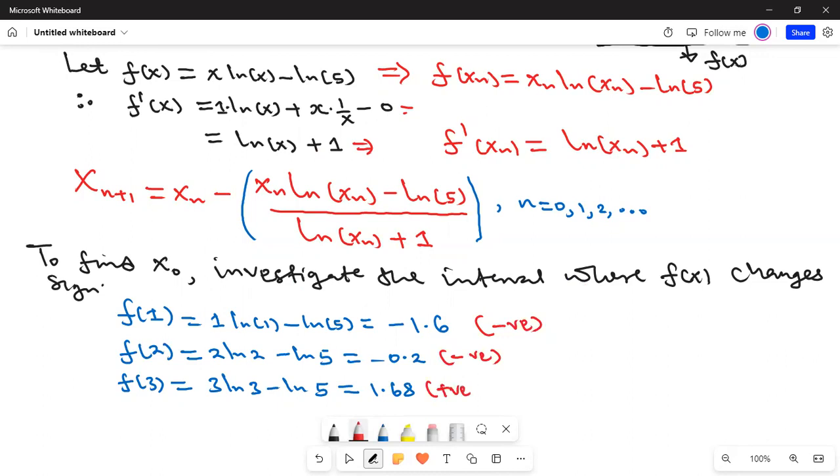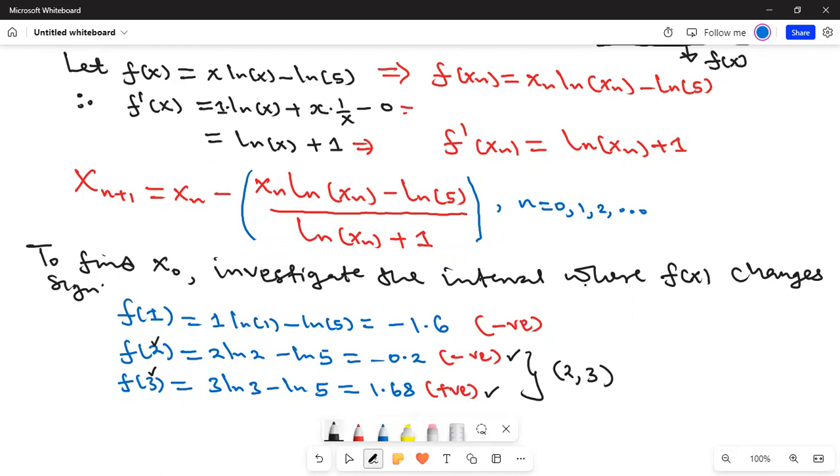So you need to check, where does f of x change signs? I can see there's a change of sign because from negative we go to positive. So the interval is when x is 2 and when x is 3. This means that f of x changes signs in the interval 2 to 3. So that means there's a root that exists between x equals 2 and x equals 3.